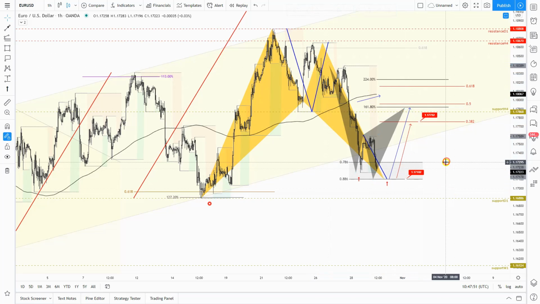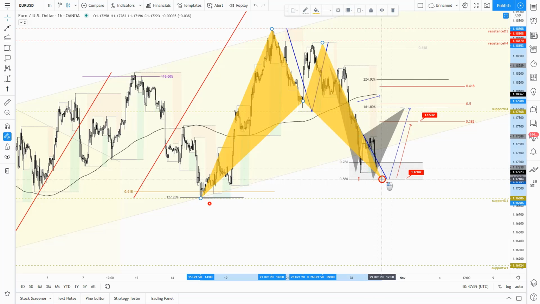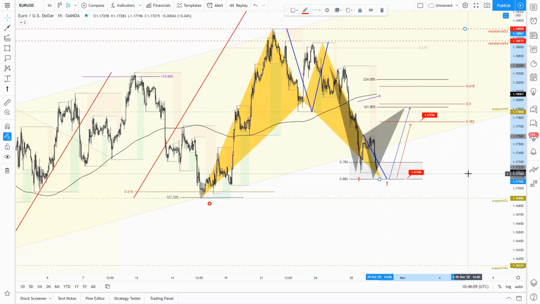Okay, so that's what I will search for if the market decides to bounce from the completion point of this bullish bat pattern. So with new lows, the pattern will complete, and I will search for the 38% Fibonacci retracement as a default target.